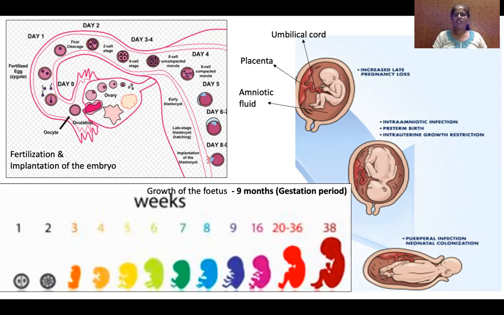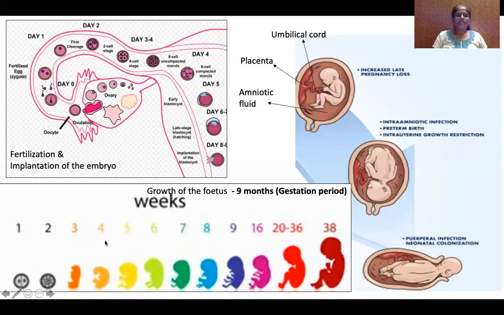Once the blastocyst formation is over, the blastocyst gets implanted into the lining of the uterus. This is the uterus lining. It gets attached to the uterus lining. This is called implantation: ovulation, fertilization, and then implantation.